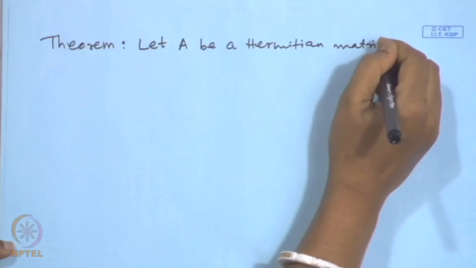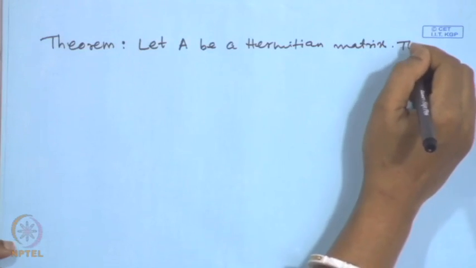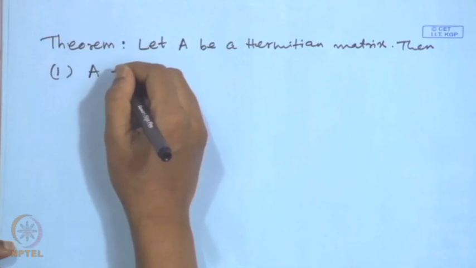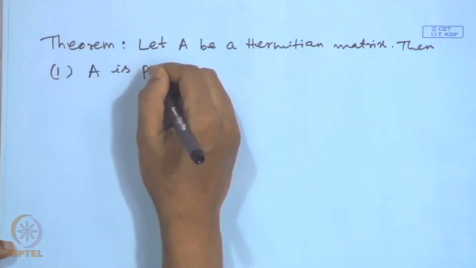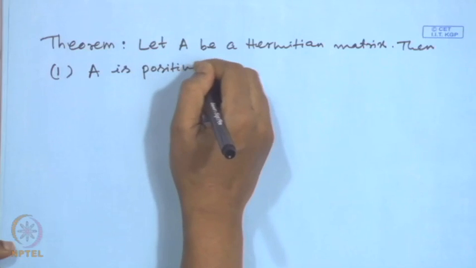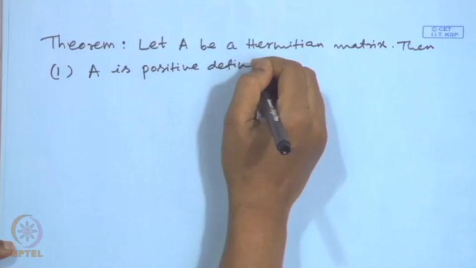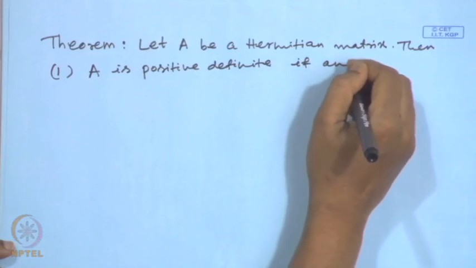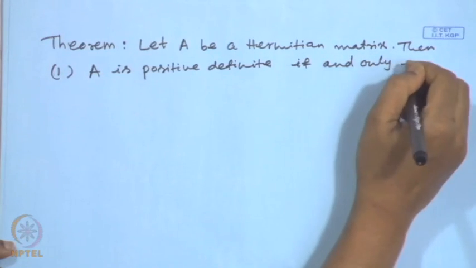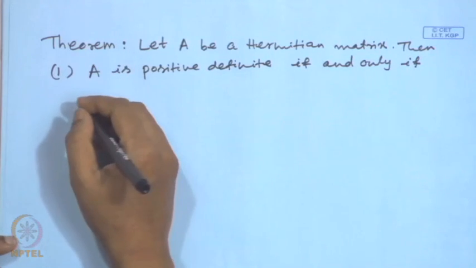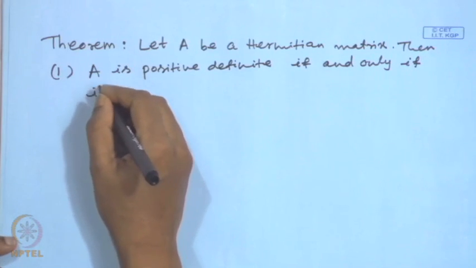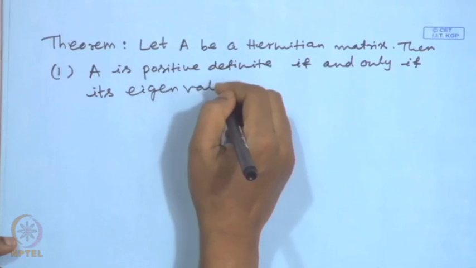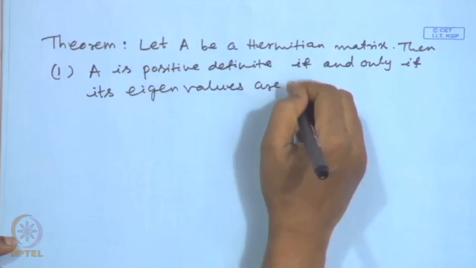Then we have the following: A is positive definite if and only if its eigenvalues are positive.